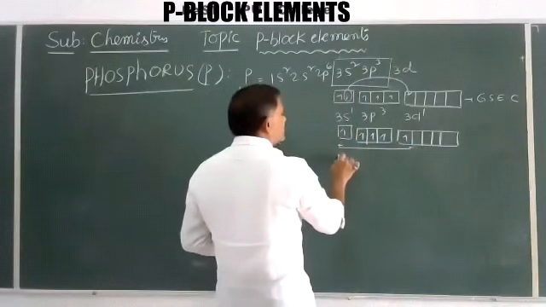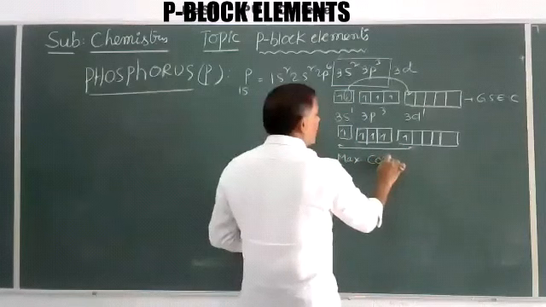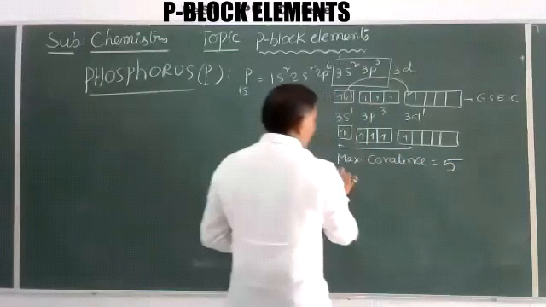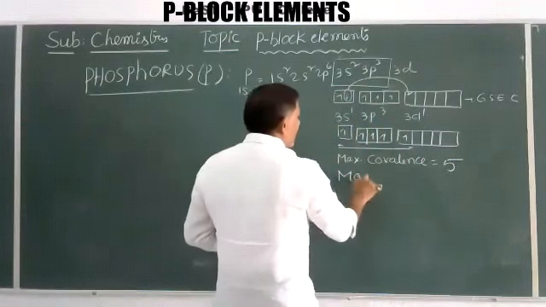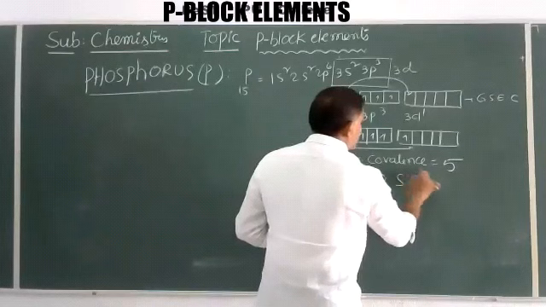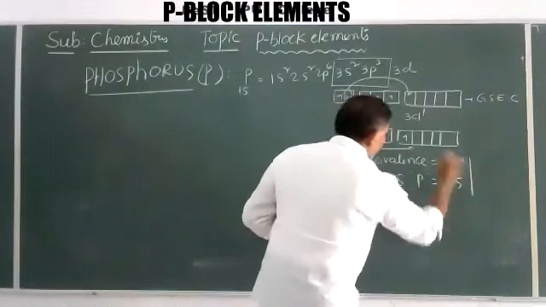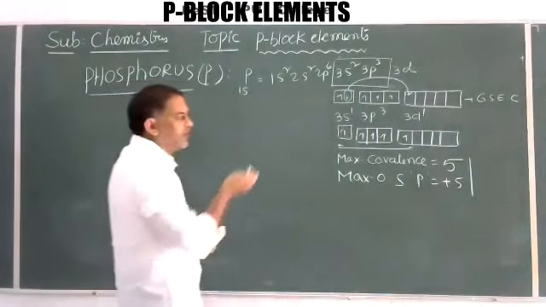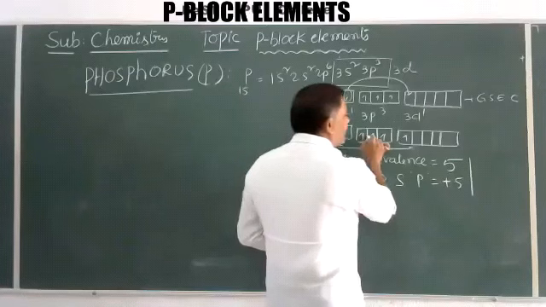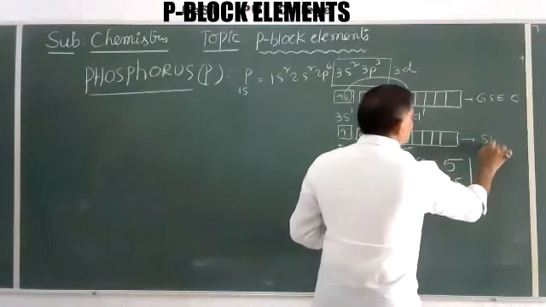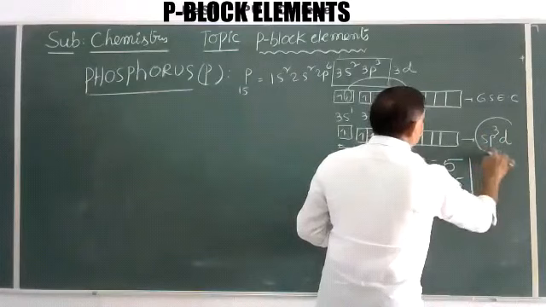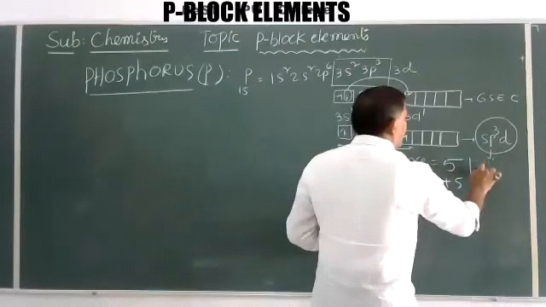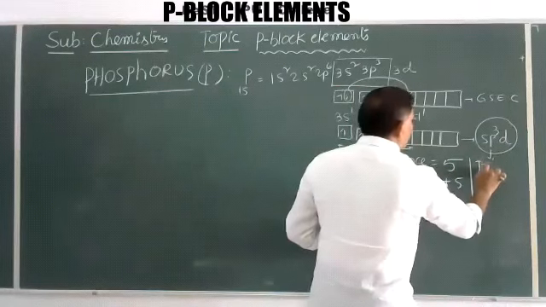That's why the maximum covalency is 5, and the maximum oxidation state of phosphorus is also plus 5. 5 is the covalency, the combining capacity, and the oxidation state is plus 5. Now the one s orbital, three p orbitals and one d orbital show sp3d hybridization. So it is sp3d, and it shows a trigonal bipyramidal shape.